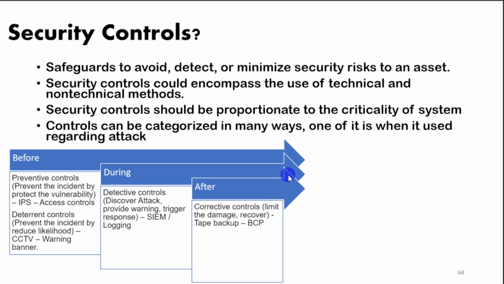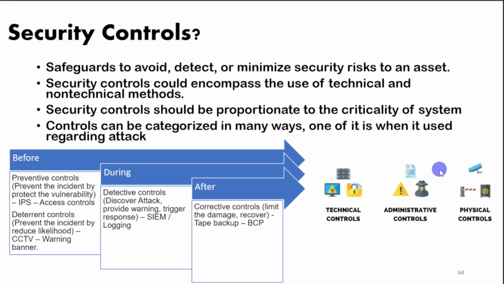There is another categorization for security controls, which is the type of security control. We have technical, administrative, and physical controls. Technical control is anything related to an IT system. A firewall is a technical control. Antivirus software is a technical control.